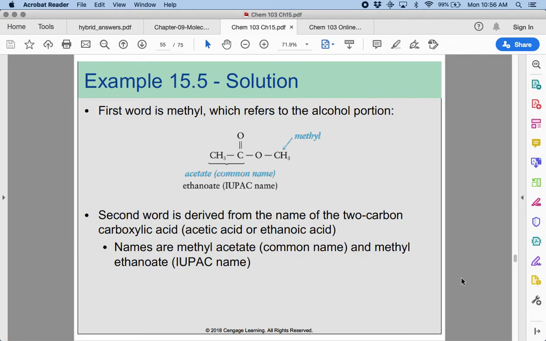In our first one, we have ethanoate, or acetate is the common name for it, and the methyl came from our alcohol while the ethanoate came from our carboxylic acid. The methanol is our alcohol, the ethanoic acid becomes the ethanoate, so we have methyl ethanoate.